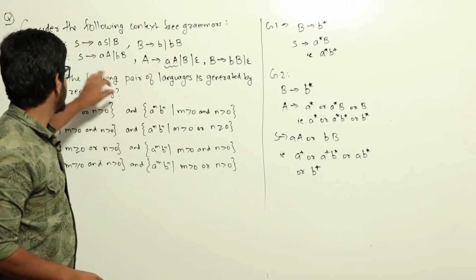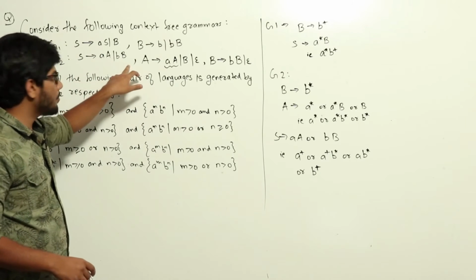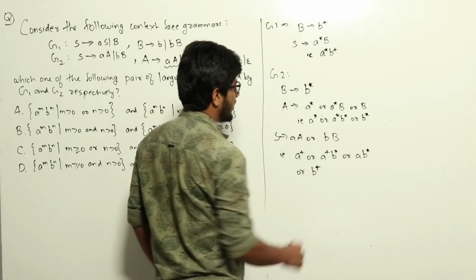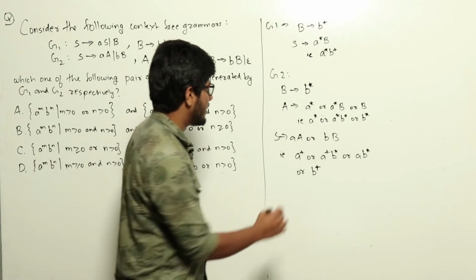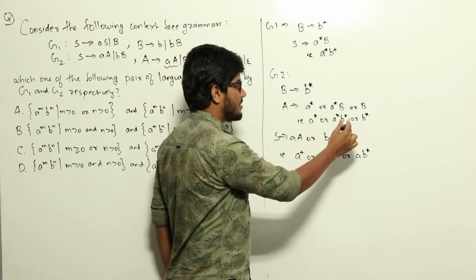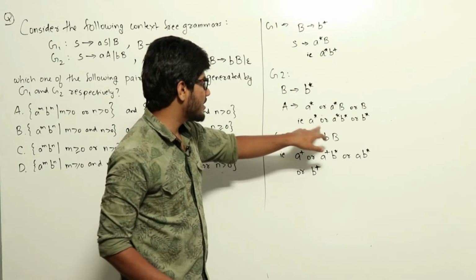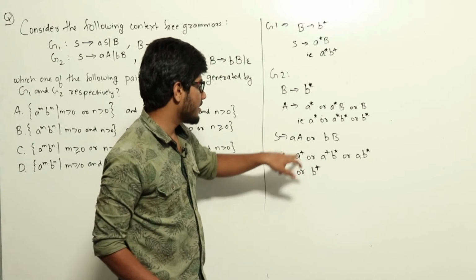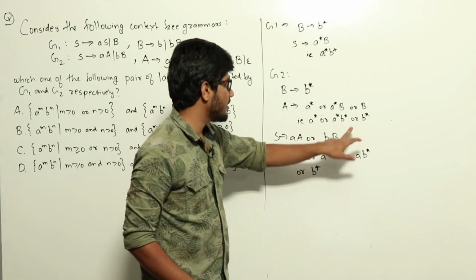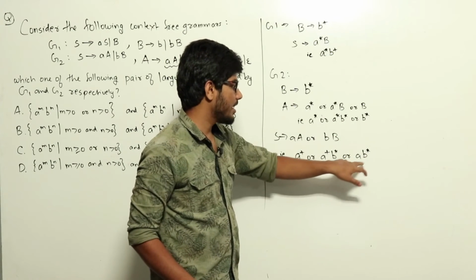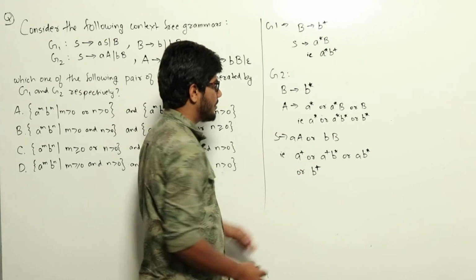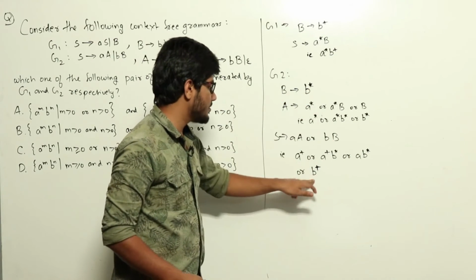And coming to S, S gives AA or BB. Now what is AA? That is an a at the start and then a star or a star b star or b star, which I can rewrite as a plus, or a plus b star, or a b star directly, or I could have taken it to bB, which will be giving b and b star, that is b plus.